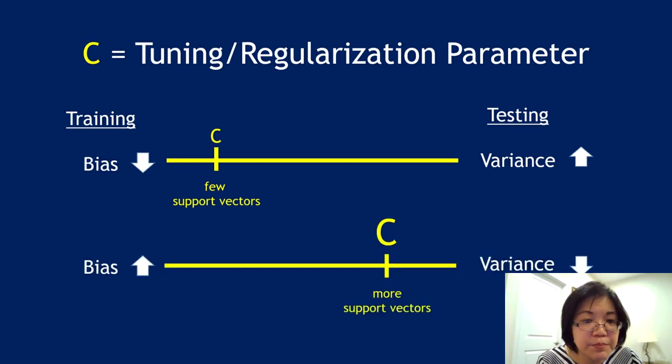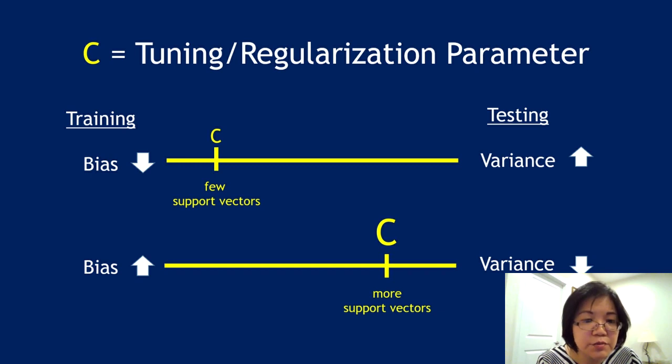You can also get a bigger C, sort of a bigger budget or allowance for slack. That means you're more lenient about misclassifications. You will produce a wider margin that uses more support vectors to construct the classifier. When you use more support vectors, you get more confidence in the model, and the model becomes more robust and more reliable because you're using more numbers to calculate.